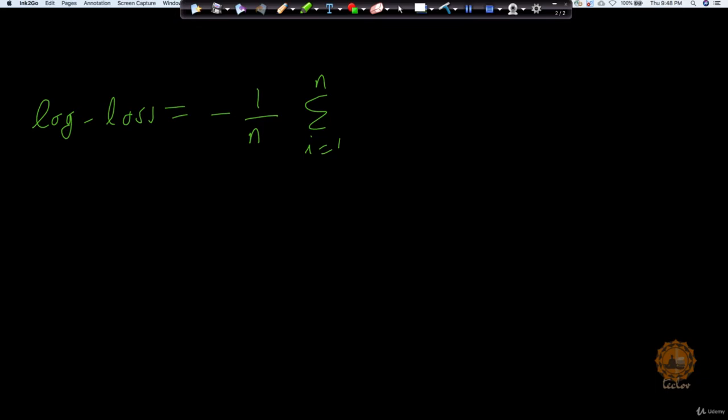And what I'm going to do in this case is take the log values. So I'm going to say log of probability, which is pi, which we got like 0.9, 0.4 and so on, into my yi. Basically this is my original output that we had.